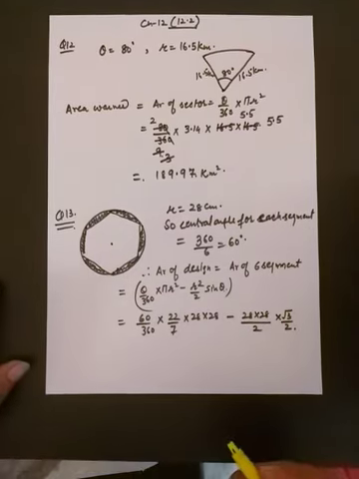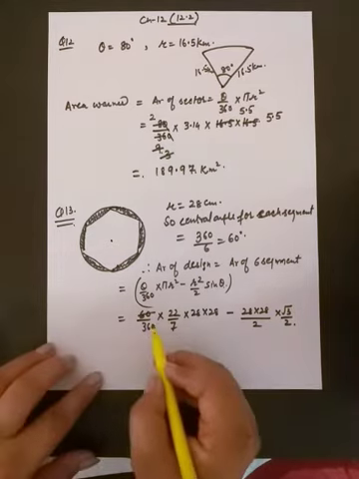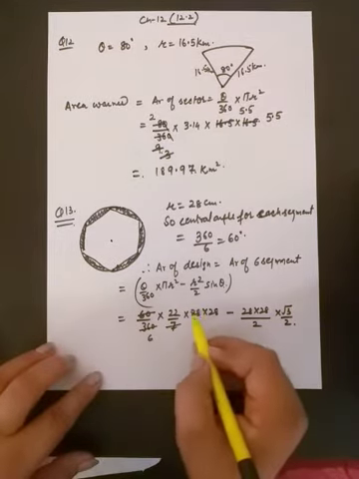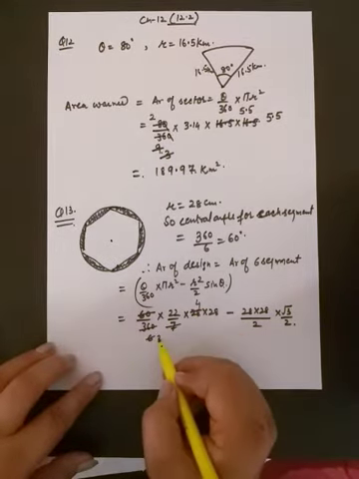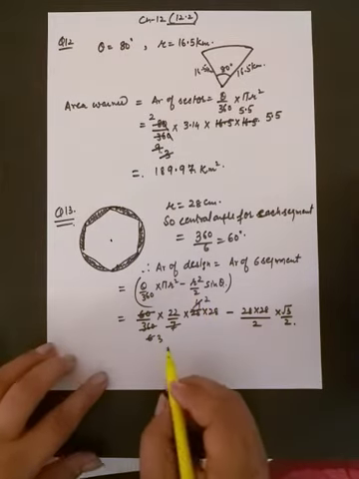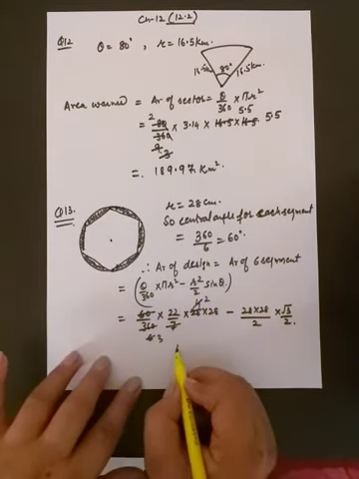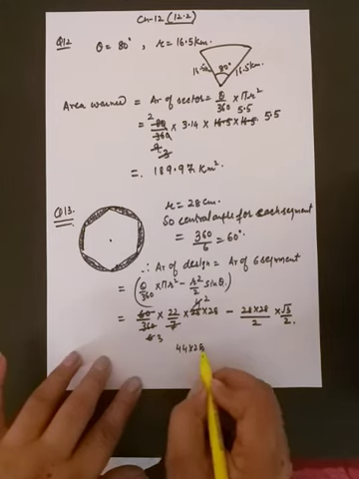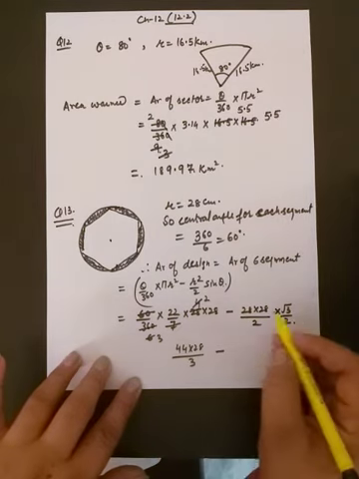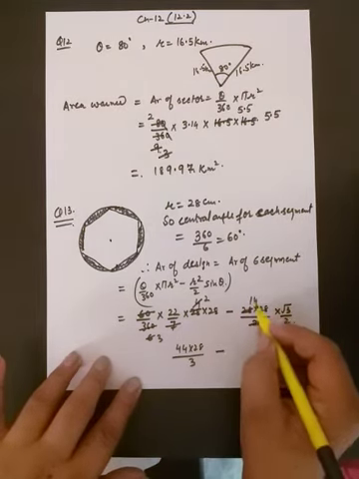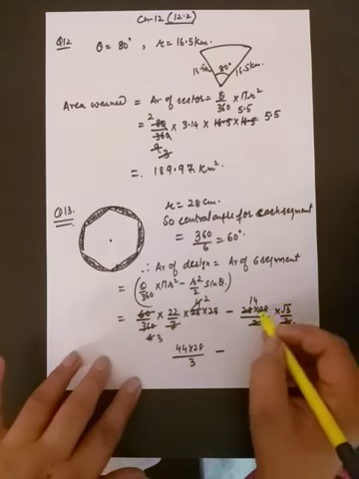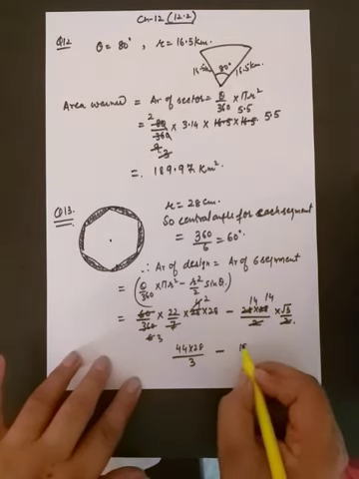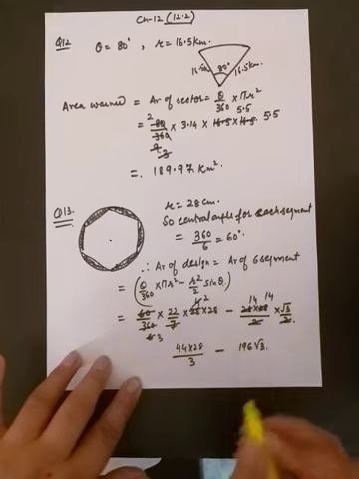Now we have to solve it. 44 into 28 by 3 minus 196 root 3.